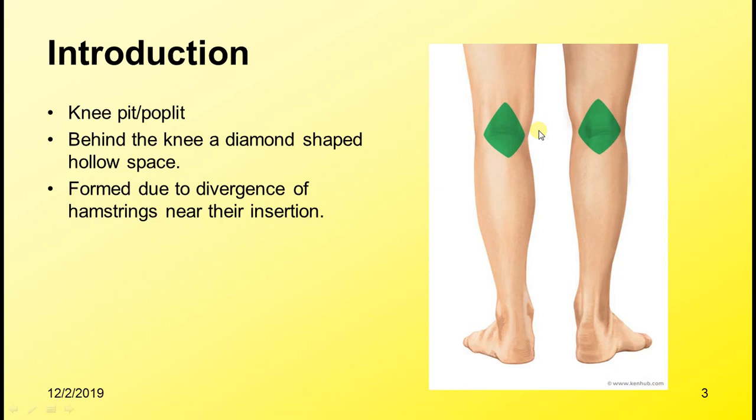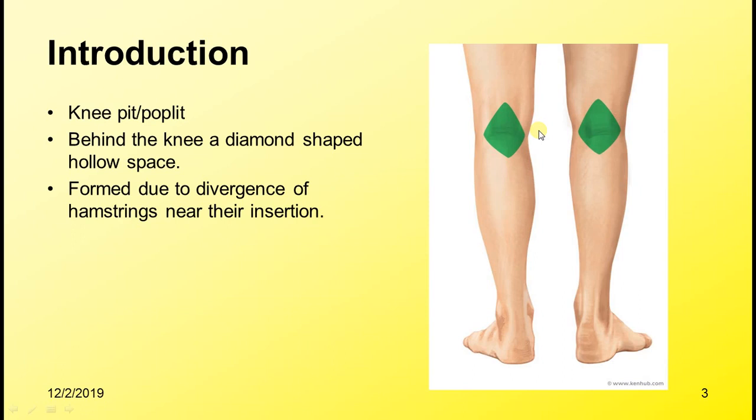We can tell it is an intermuscular space formed due to the divergence of the hamstring muscles, which you have already seen in your previous classes. That is the biceps femoris, semitendinosus and semimembranosus. As they reach the tibia, they diverge to the lateral and medial condyles to get inserted.